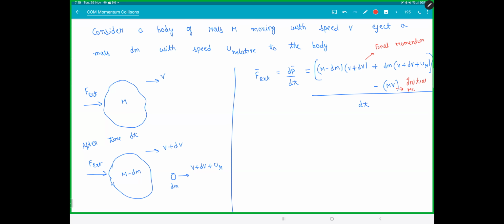Derivation is not that important, but the final result is. It's neat. We can use that result directly with the second law. So if you try to simplify this, you will end up with mv plus m dv minus dm v minus dm dv plus dm v plus dm dv plus dm u relative minus mv by dt. mv cancels, dm dv cancels, dm v cancels.